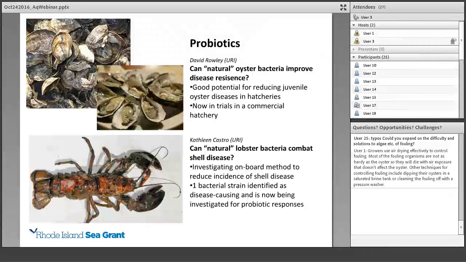He is now trying them in a commercial hatchery setting to see if what he's seen in the laboratory on small scale will ramp up to where you're treating thousands, if not millions of juvenile oysters, and will that carry through?